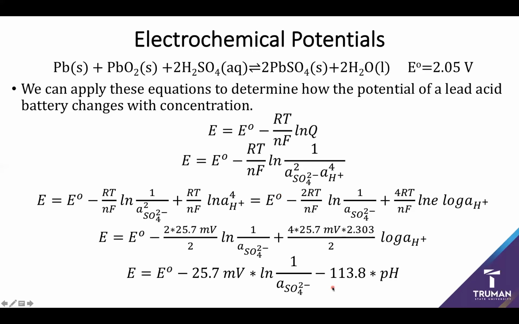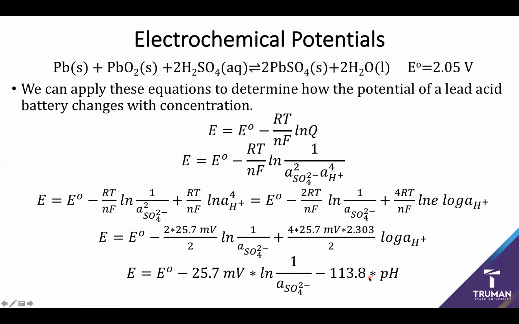So one classic trick is to play around with your exponents and your various variables by collapsing them down into simple numbers and getting rid of any exponents inside the natural log. Another trick you can do is anytime you see activity of a proton, remember, that's just going to be pH. So we can change our basis with, again, log of E, as well as playing some other fun, cute tricks.